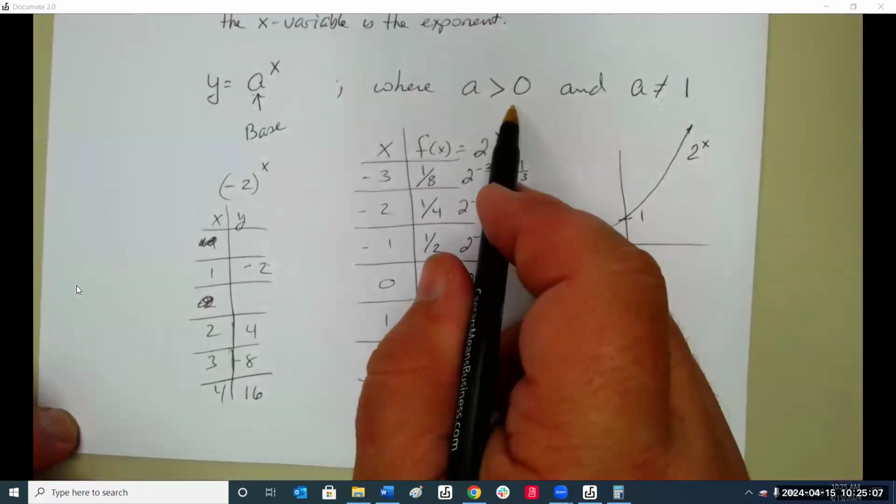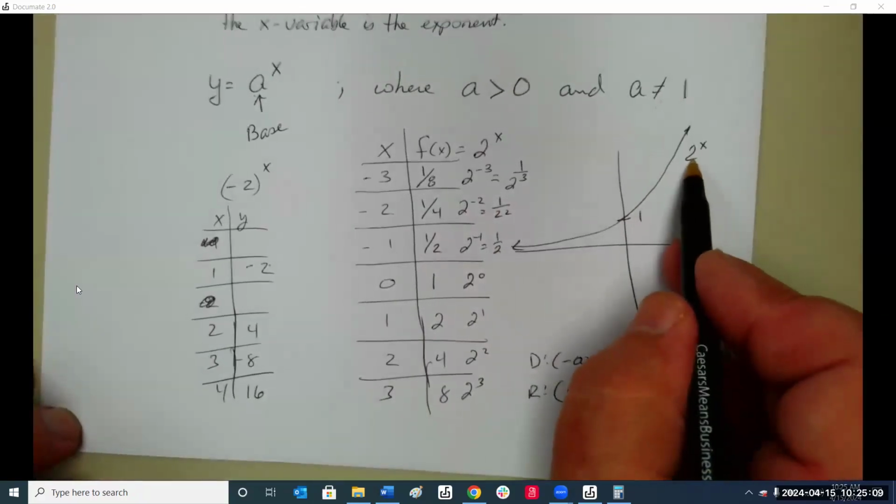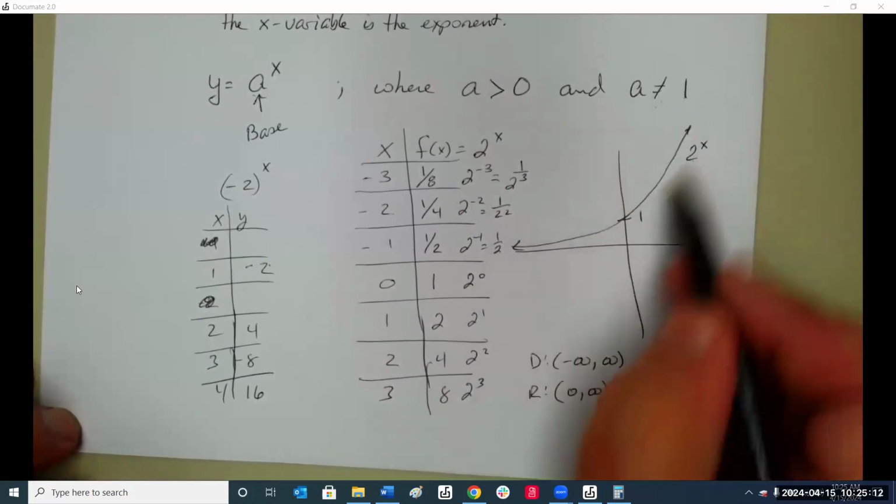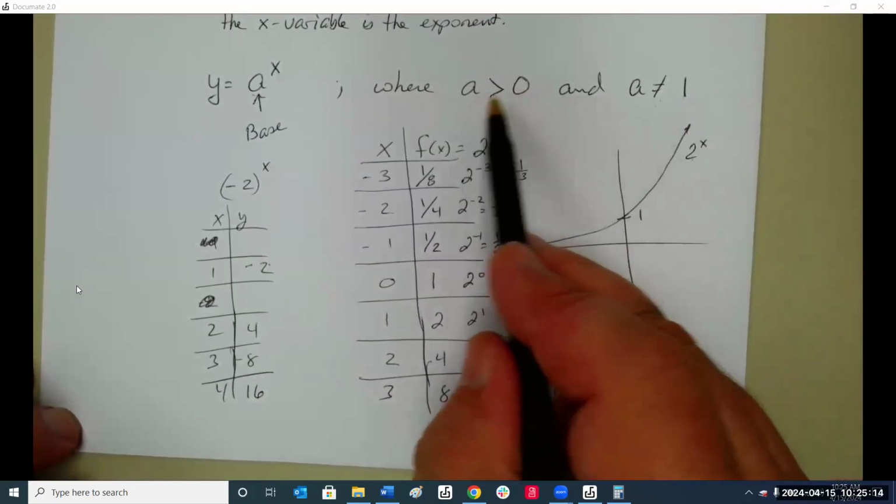Remember, a has to be positive, and it can't equal 1. So if it's greater than 1, it looks like this. What happens if it's between 0 and 1?